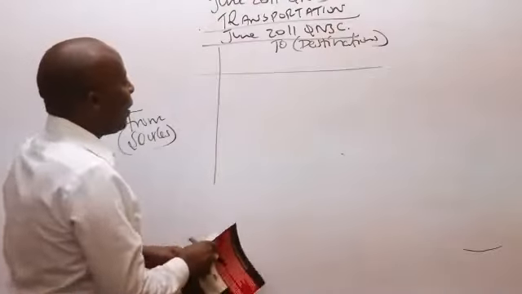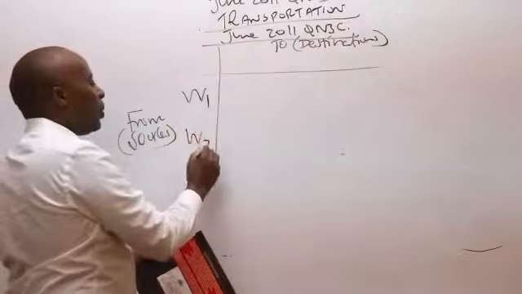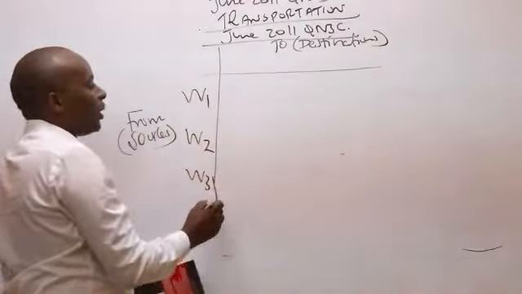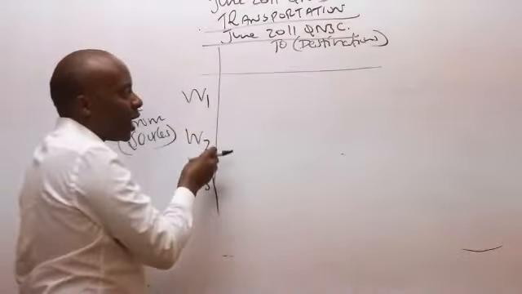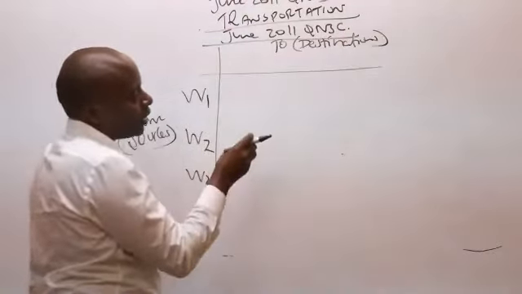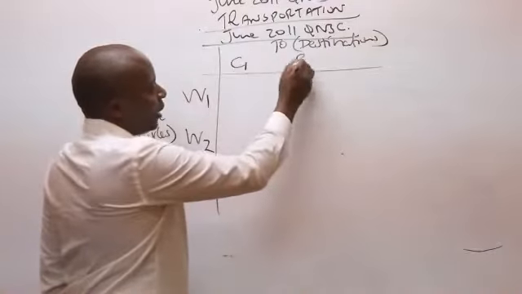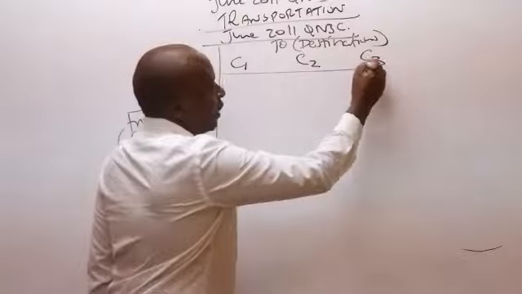So we have 3 of them: warehouse 1, warehouse 2, warehouse 3. What we are going to do is get the rice from the warehouses to the destinations. The destinations here are our various customers: customer 1, customer 2, and customer 3.